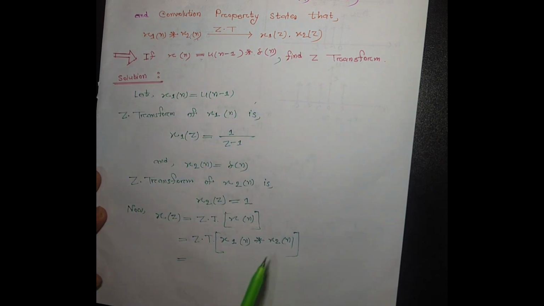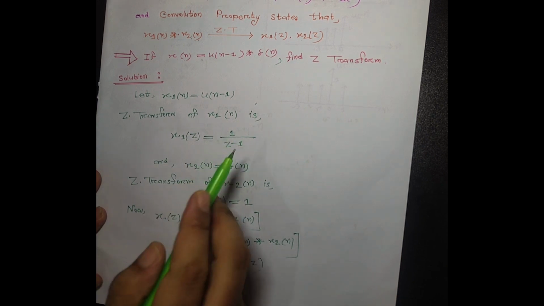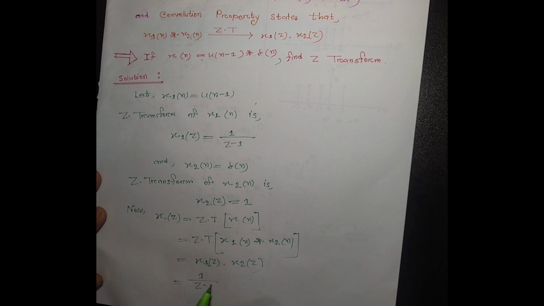The value of X1 z is 1 by z minus 1 into the Z transform of x2 n, which is 1. That means the result is 1 by z minus 1.